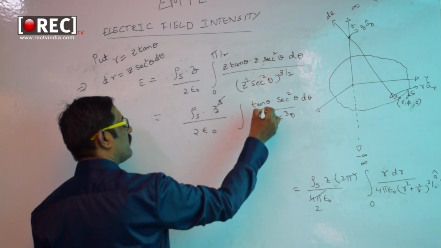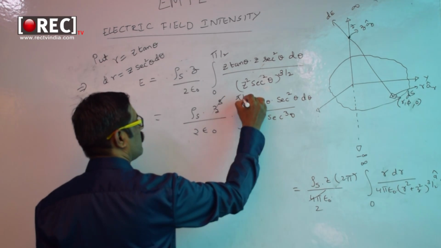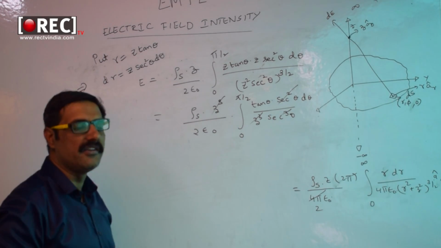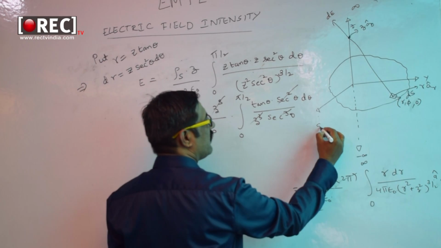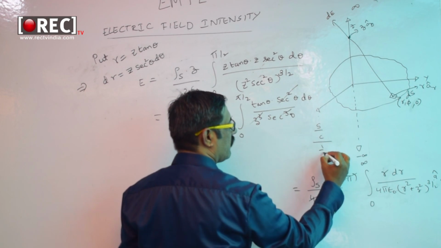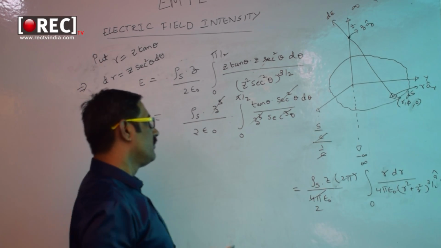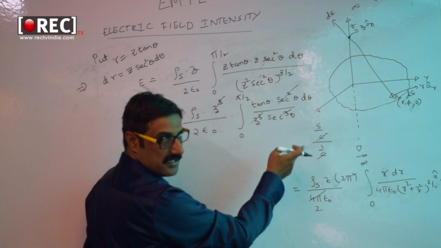So the z cube and z cube get cancelled, from, of course, 0 to pi by 2. So secant square theta and 1 secant theta will remain in the denominator. So tan theta by secant theta means sin theta by cos theta divided by 1 by cos theta. So cos gets cancelled, and you are remaining with sin theta. So this total term inside the integral reduces to sin theta.